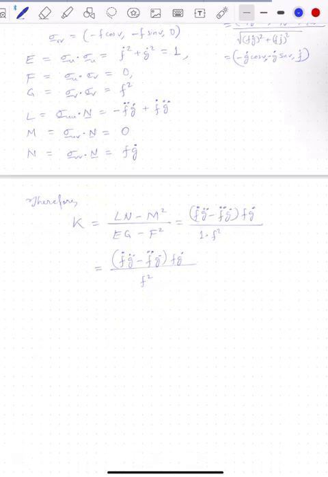Right? So we can try to simplify this further. So the goal is like, say g f cancels out, so we can have f dot g double dot minus f double dot g dot squared, right, divided by f.